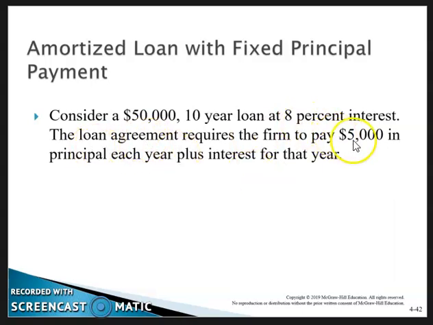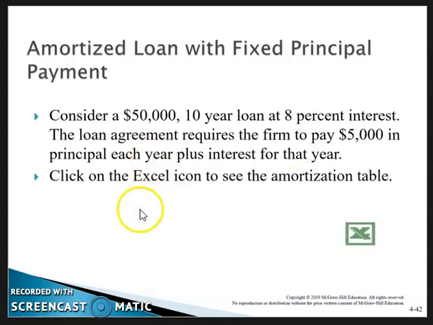The payments are going to be uneven because they are going to pay $5,000 in principal each year, and the interest is going to decline. The first year's interest is 50,000 times 0.1, or 5,000. So our first payment would be 5,000 plus 5,000.